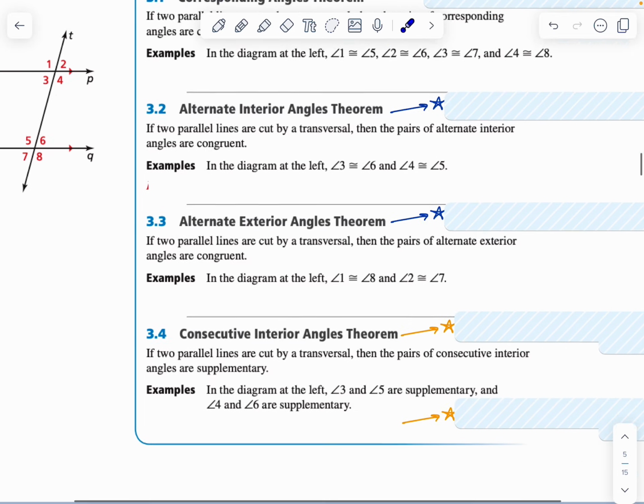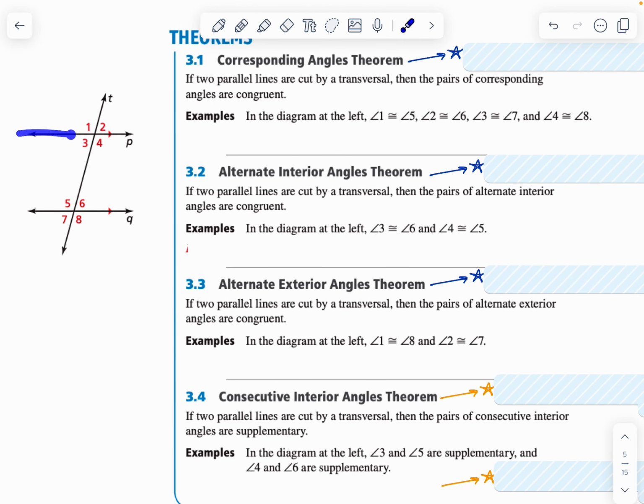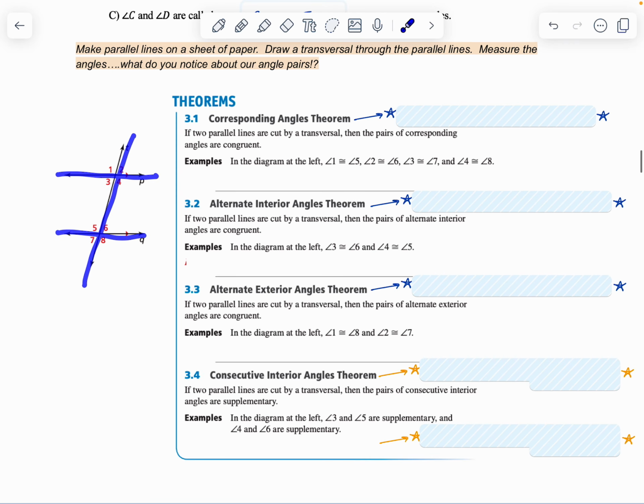But looking down here, we have parallel lines cut by a transversal. So any corresponding angle pairs are congruent to each other. So we'd have angle 1 and 5, angles 2 and 6, angles 4 and 8, and angle 3 and 7.